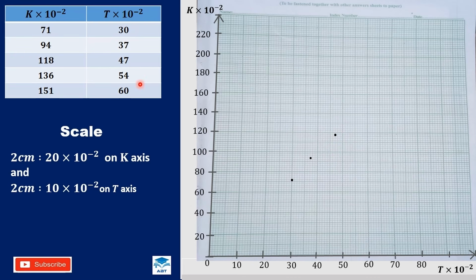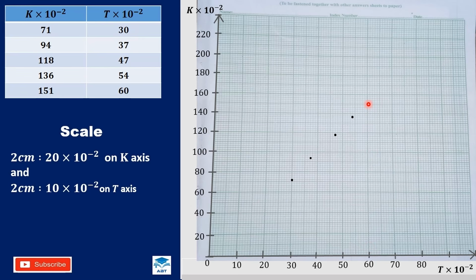The next one, 54. This is 50. We count 4 more boxes for 54. And for 136, this is 130, and we move 3 more boxes for 6. So we have the point around this place. And the next one is 60 on the T axis, and 151 on the K axis.